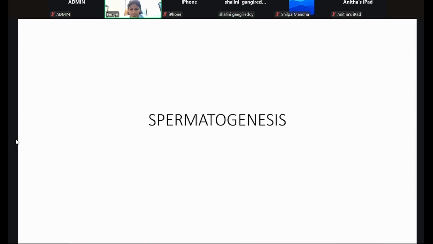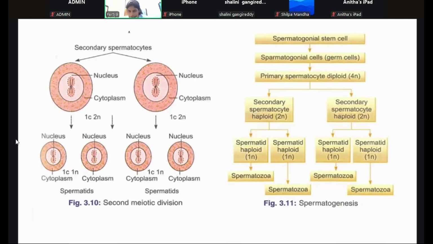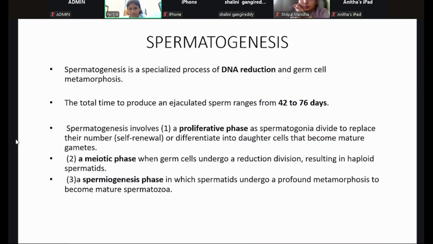The same thing applies to spermatogenesis. Initially it is a stem cell, the spermatogonia, and then by mitosis it will become a primary spermatocyte, and then by meiosis it will become a secondary spermatocyte and spermatid, and then from spermatid it will become a spermatozoa. From a single germ cell, you will get 4 spermatozoa.